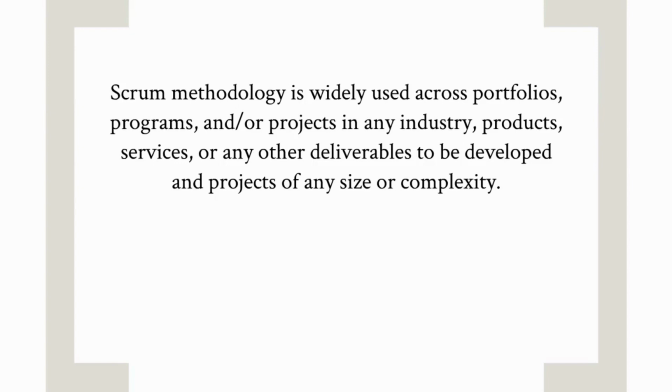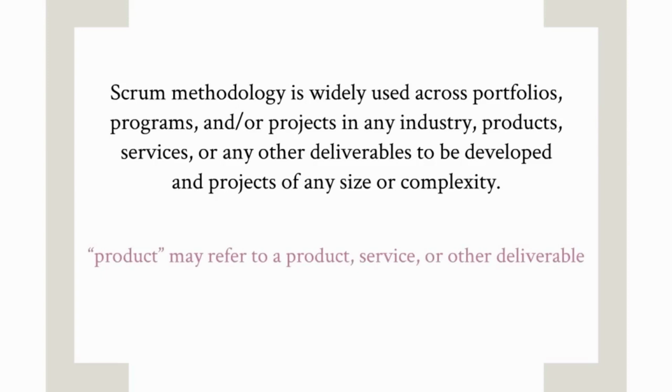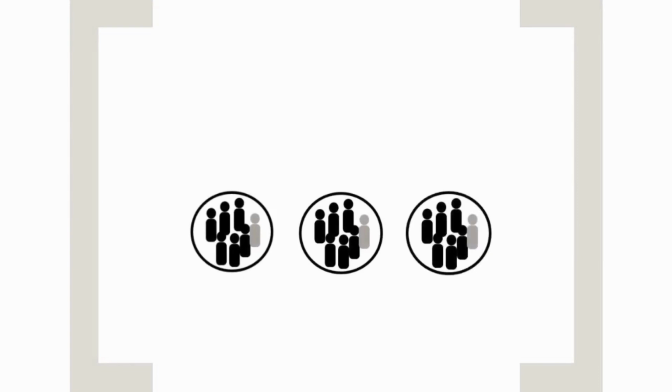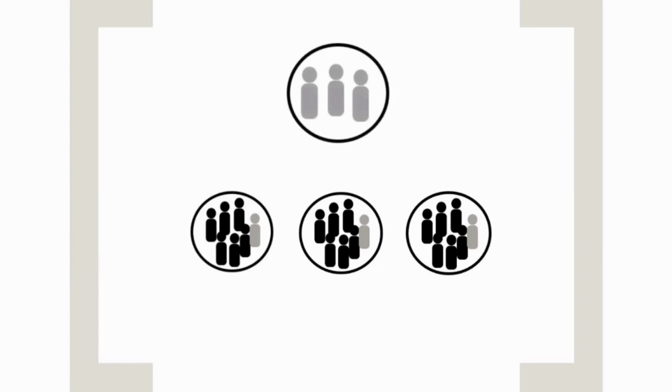According to the Scrum body of knowledge, the term product may refer to a product, service, or other deliverable. The practicality of Scrum as a framework is that it can be applied effectively to any project in any industry, whether they are small projects with 6-person teams or large, complex projects with up to several hundred team members.